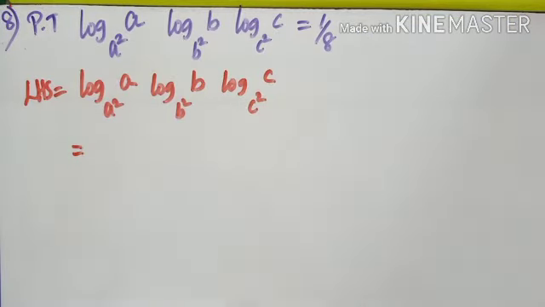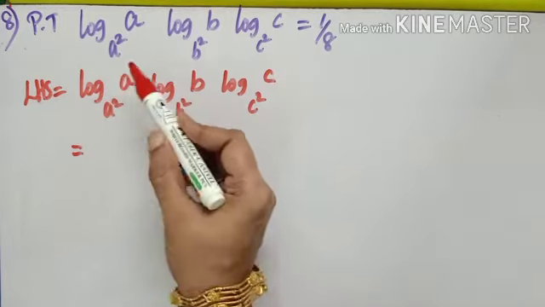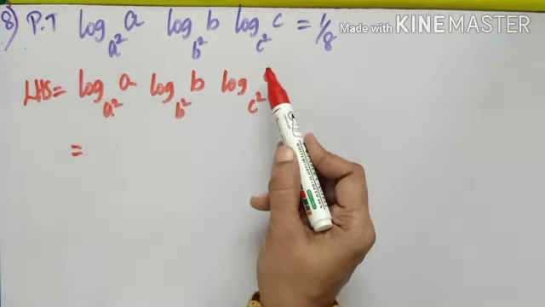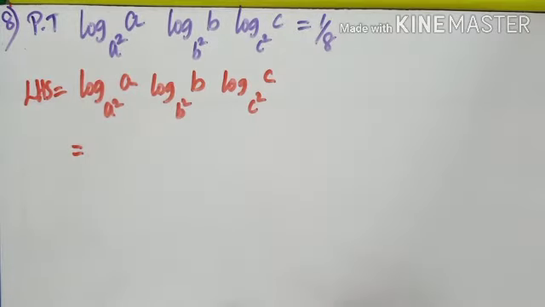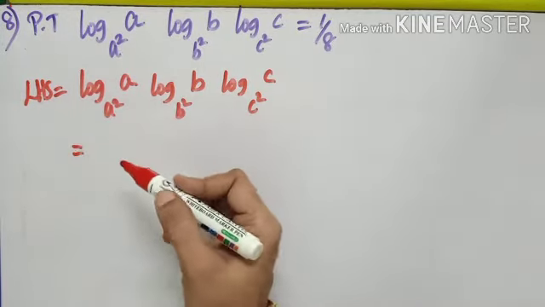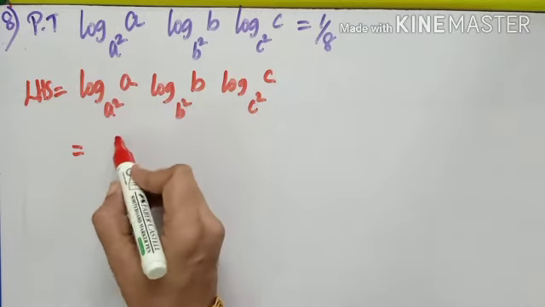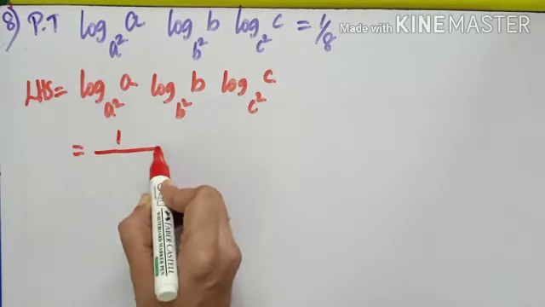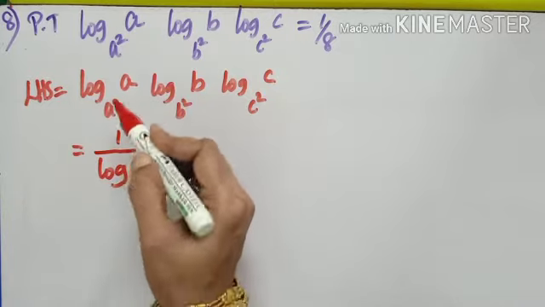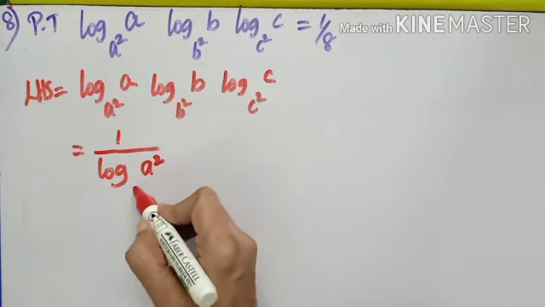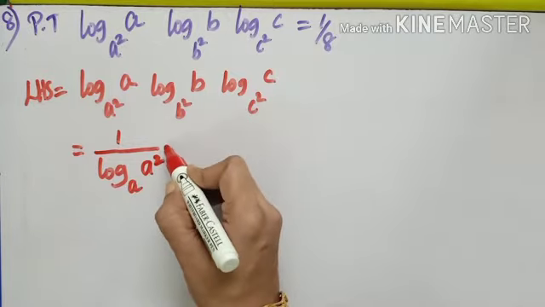Question number 8. Prove that log a base a square into log b base b square into log c base c square equals 1 by 8. Starting from LHS, a base a square will not help me. Reciprocal. When I reciprocal, log a base a square will be written as 1 by log a square base a.